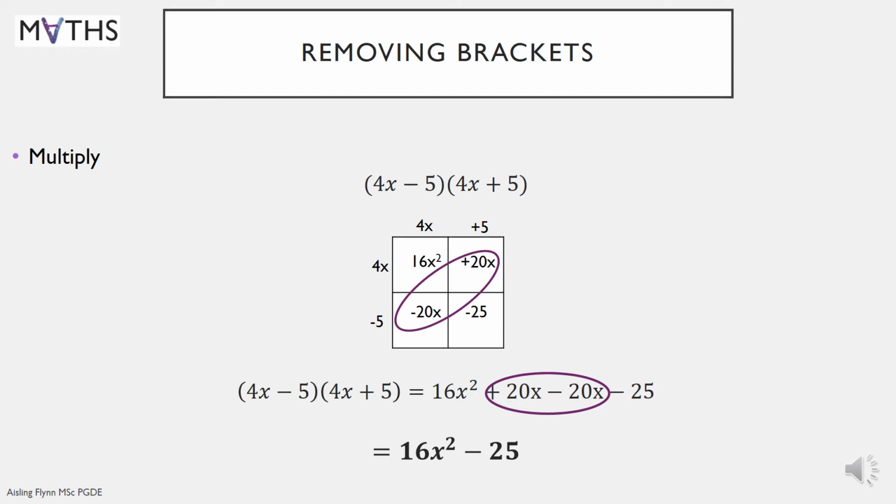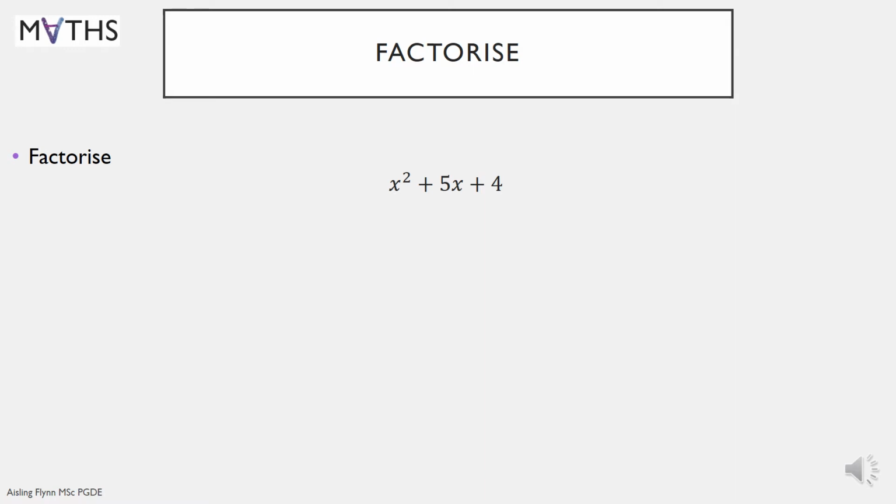Okay, so now we've a change in instruction. We're now asked to factorise, and we're given a product, x squared plus 5x plus 4. Now we know from our previous multiplication that this is the result of a 2 by 2 multiplication, and that the middle terms combined to leave us with 3 terms instead of 4.